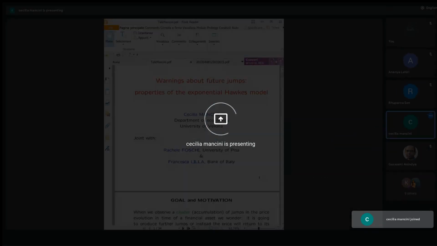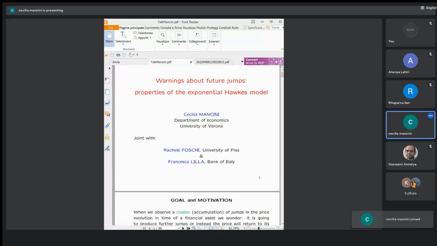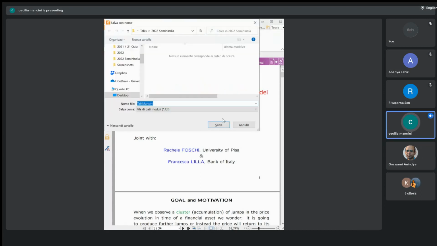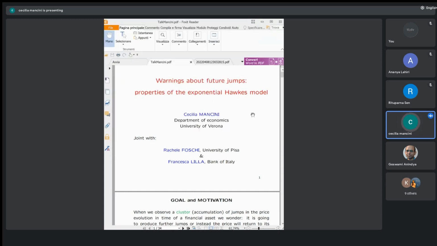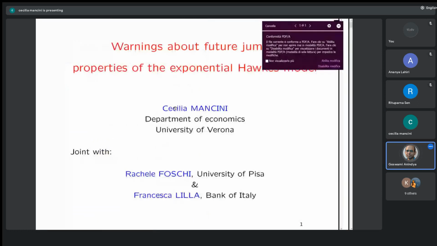Can you see? Yes, I can see. But if I want to show full screen, Control L, no, Control L is not good. It was F11.